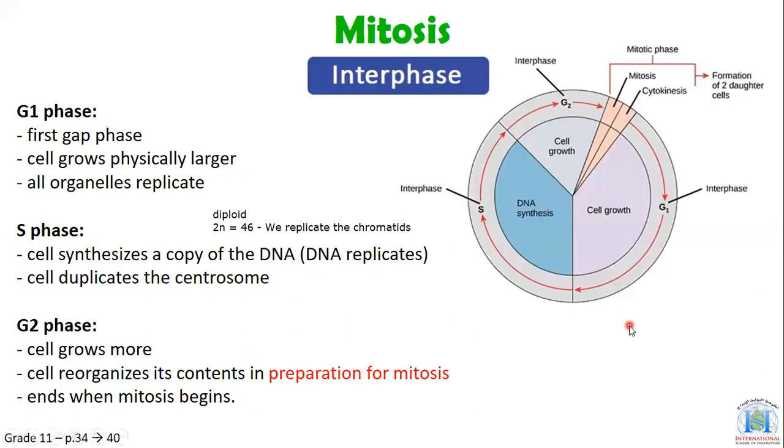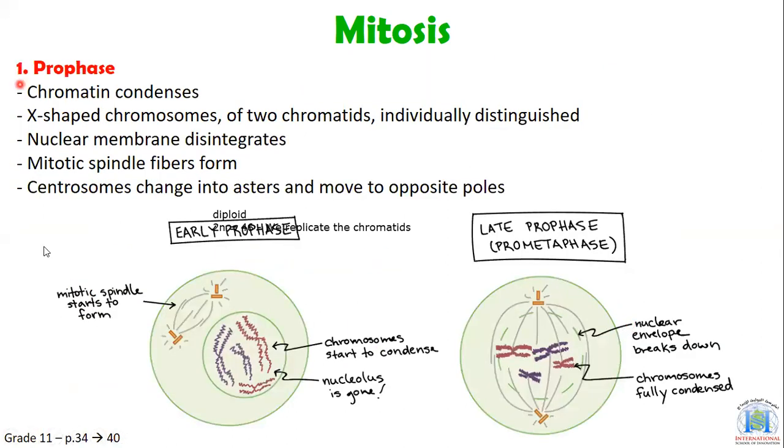What happens during mitosis? Mitosis consists of 4 stages, 4 steps. You can memorize this acronym, PMAT. P for prophase, M for metaphase, A for anaphase, and T for telophase. During prophase, many changes happen in the cell.